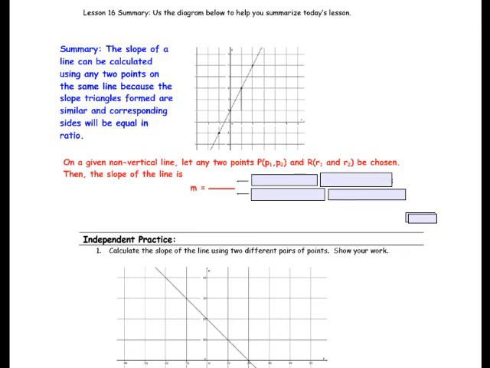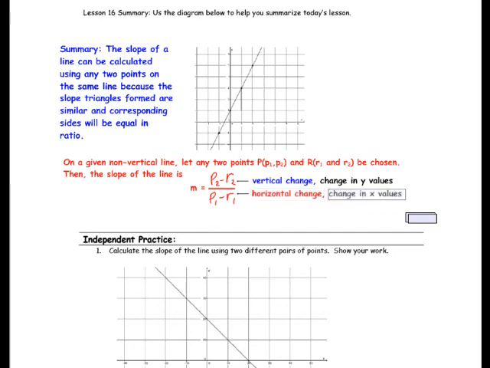The numerator is P sub 2 minus R sub 2, and that represents the vertical change, the rise, which is the change in the y values, while the denominator is P sub 1 minus R sub 1, and that represents the horizontal change, or the run, which is the change in the x values.